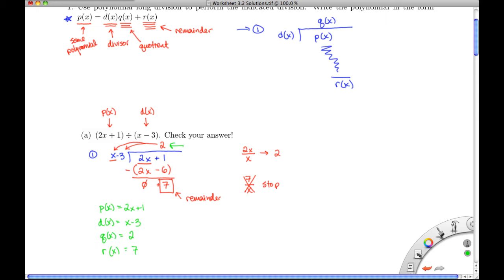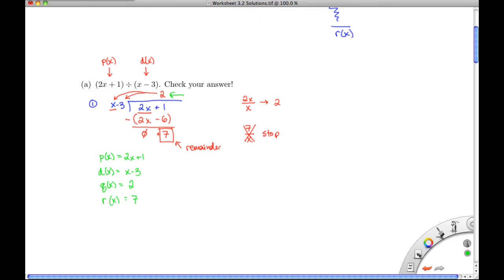So we're going to take each of these 4 pieces and put them together in the manner that they asked us to do at the start of the problem. If we want to write this as p of x equals d of x times q of x plus r of x, we get that 2x plus 1 is in fact equal to x minus 3 times 2 plus 7.